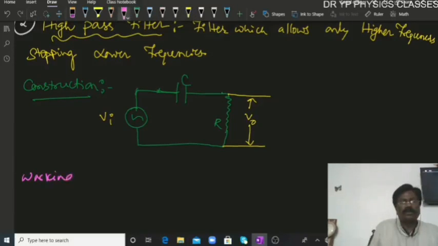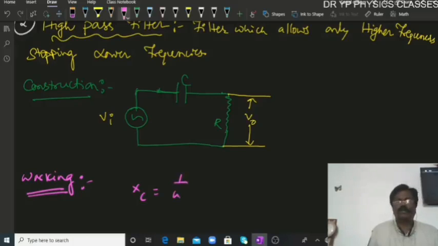Working of the high pass filter. XC, the capacitive reactive impedance, is equal to 1 over omega C, which is equal to 1 by 2 pi F C. As F is low, XC is more. Whatever input we supply is stopped at this particular end.